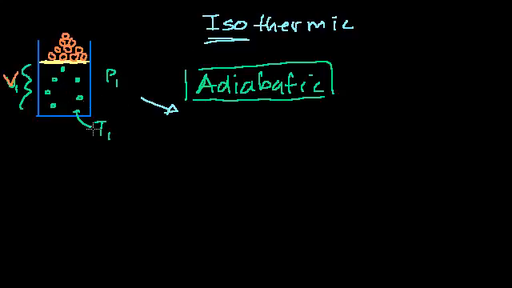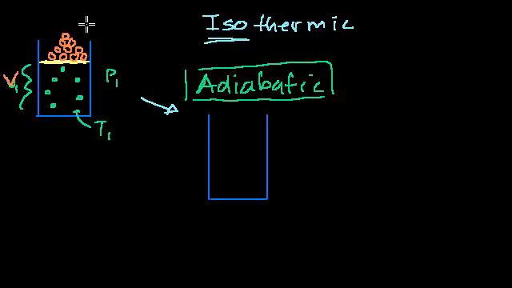If this was the case, what would happen as I released or took away some of these little particles? Let me just redraw it actually. So I have my one wall, I have another wall, I have another wall.